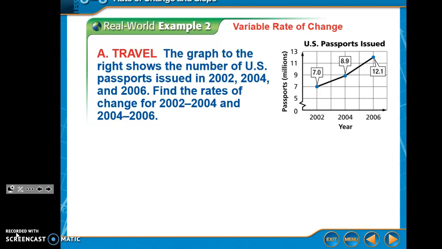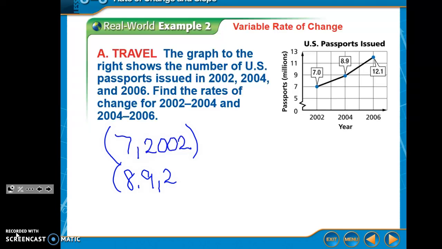Alright, so we have a point there, and then in 2004, how many passports were issued? 8.9 million. Alright, so what's the rate of change in our y?